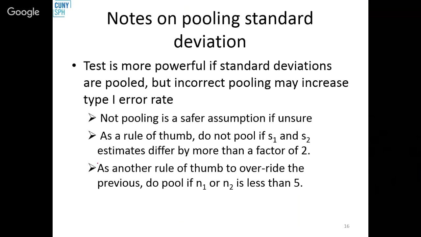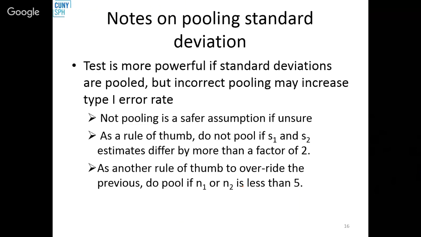But on the other hand, if you have one of your samples being very small, then your estimate of the standard deviation is going to be very inaccurate. So if N1 or N2 is less than 5, especially if it's like 2 or 3, then you really should pool, unless you have a good reason not to, because you can't estimate the standard deviation well from a sample that small.